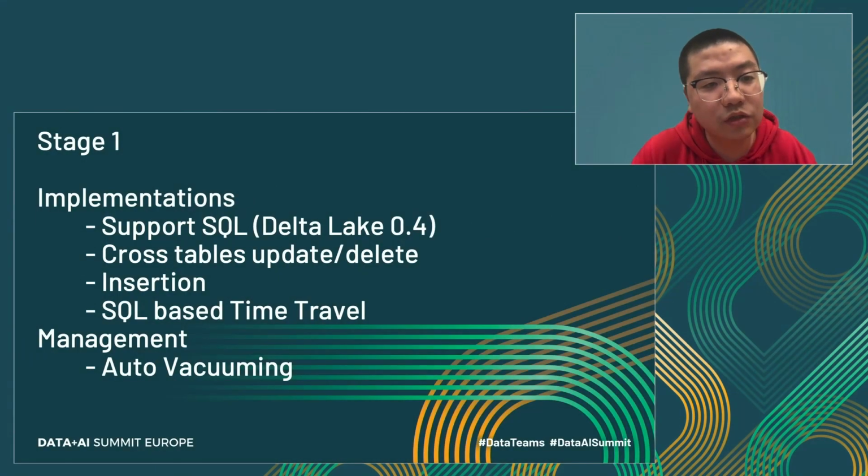So in this stage, our implementation is that we support SQL in 0.4. And we also implemented cross-table updating, deleting and insertion, and provide SQL-based time travel. Besides, we finished the automatic vacuuming.